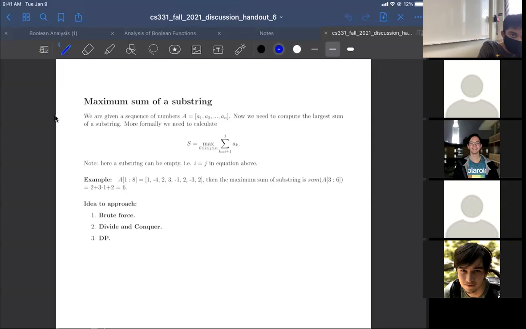Okay, so let's think about this brute force approach. Essentially the idea for the brute force approach is to try all possible indices i and j, and then pick the one with the biggest sum.